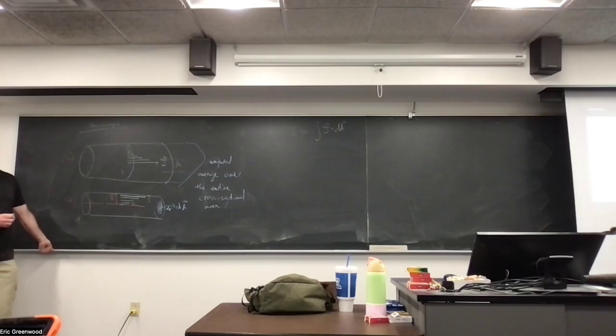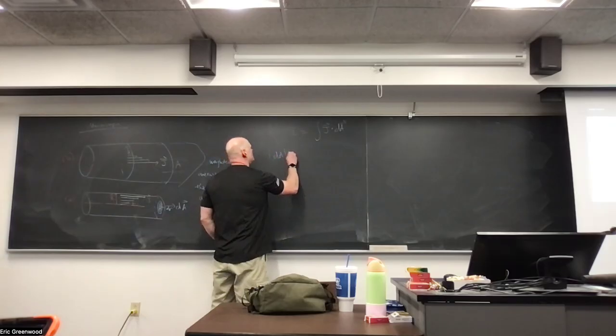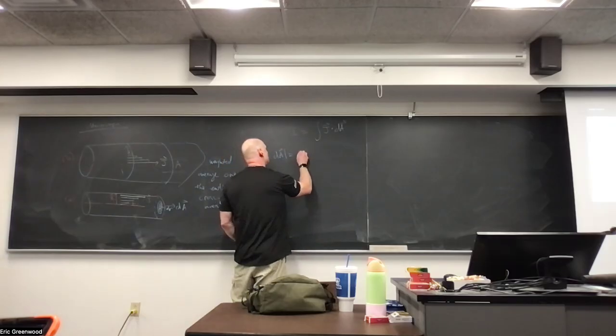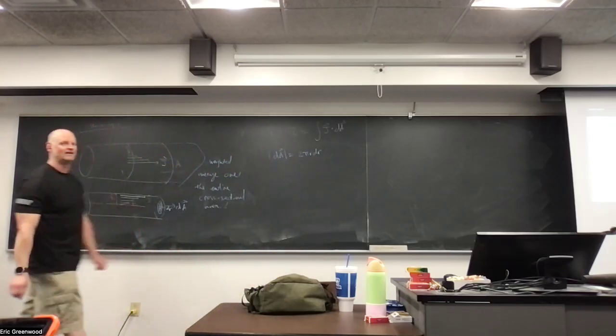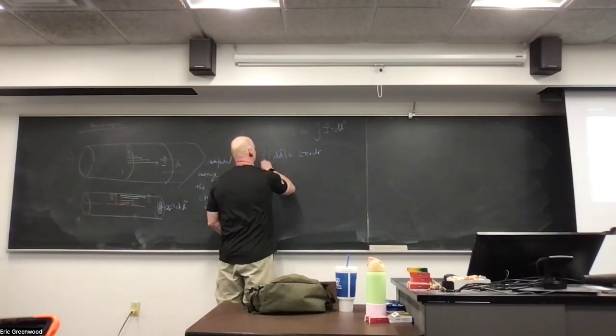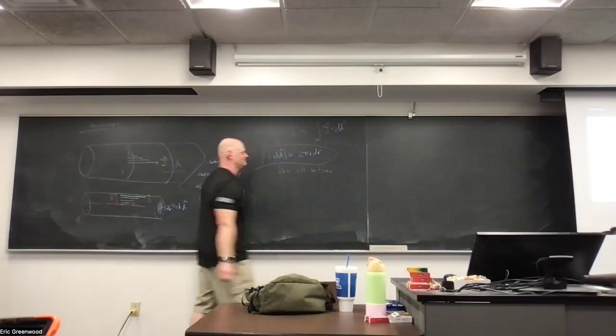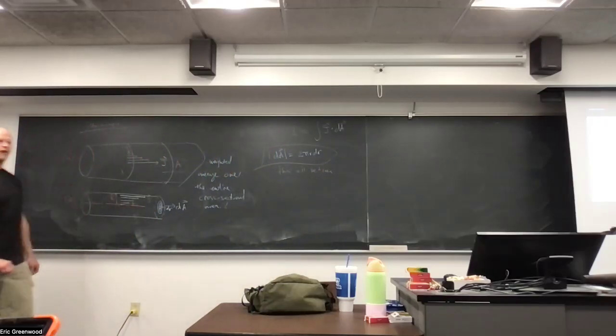So the magnitude of my dA will be, for our purposes, always 2 pi r dr. As far as this class is concerned, this will always be true. We're only going to consider wires. It can get more complicated, but let's not worry about that.